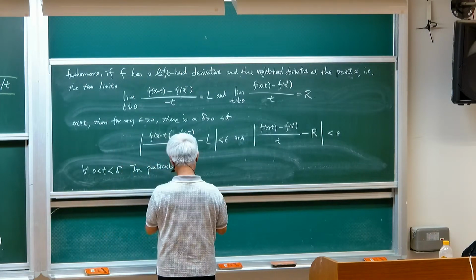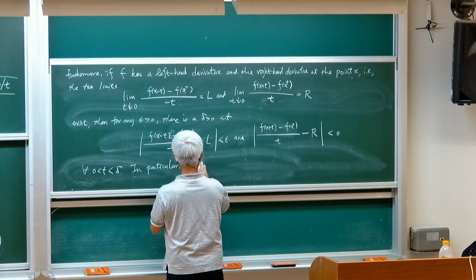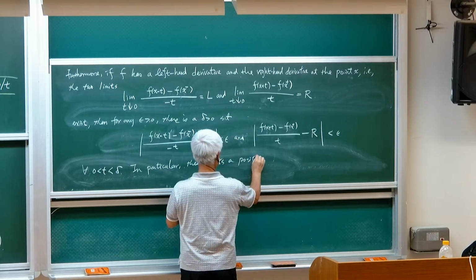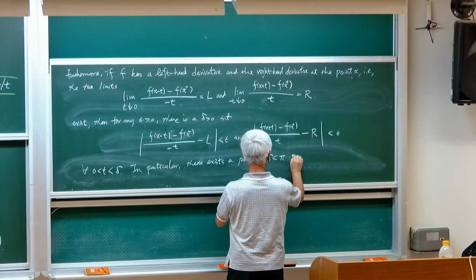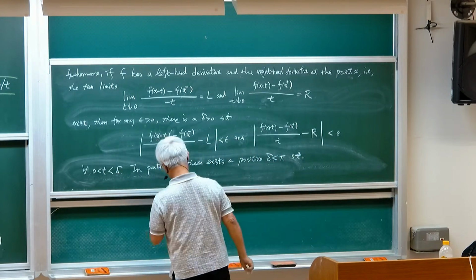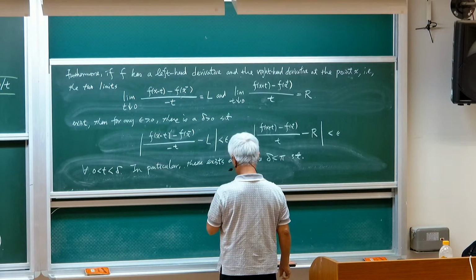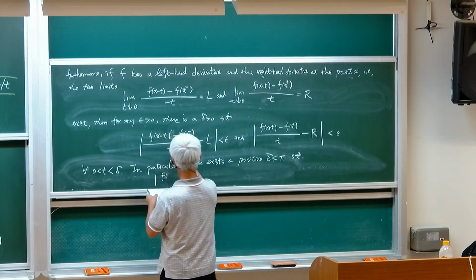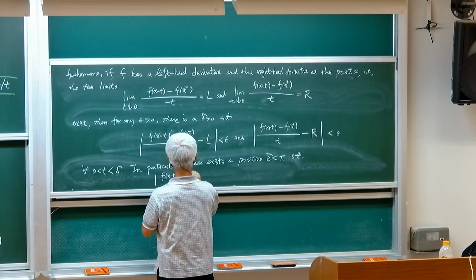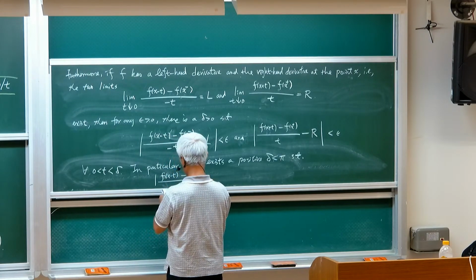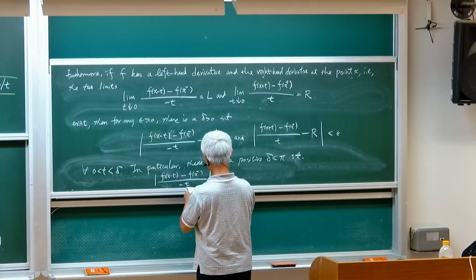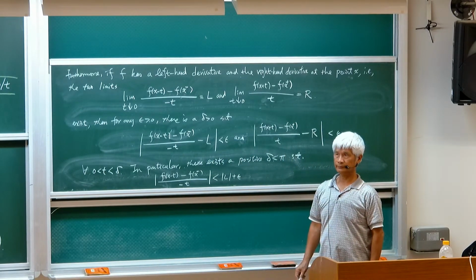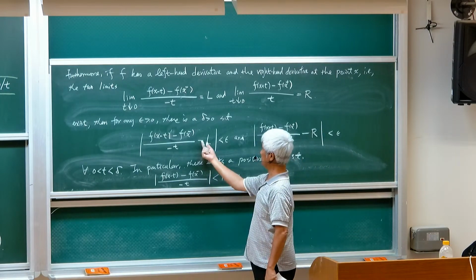So in particular, there exists a positive delta less than pi such that this ratio (f(x − t) − f(x−)) / (−t) is less than |L| plus epsilon, by the triangle inequality, since the difference is less than epsilon.